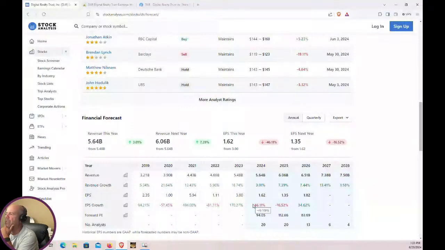They projected they're going to go down in EPS on the 24th, 25th, down 46 and 16%. That could be a short side position.